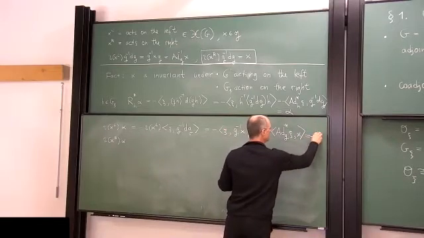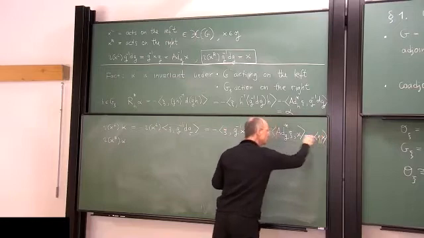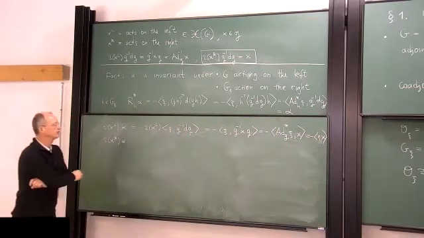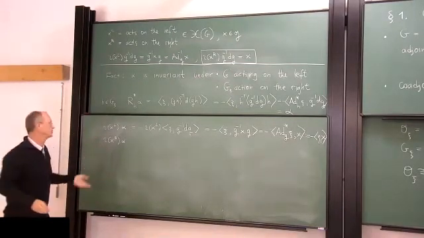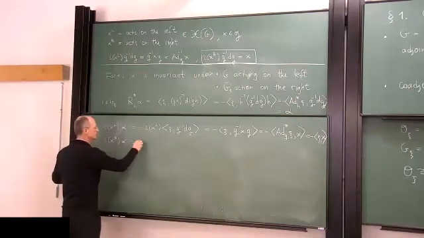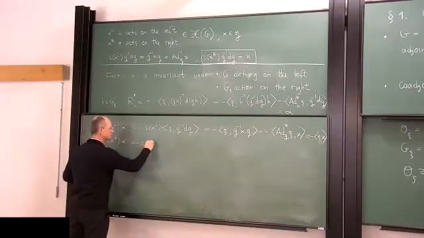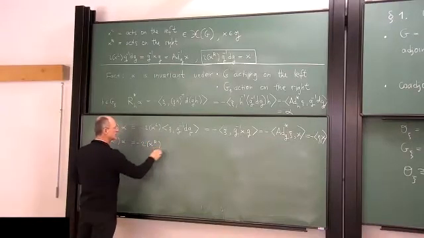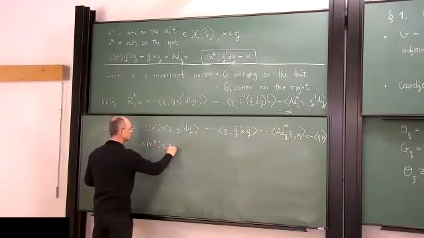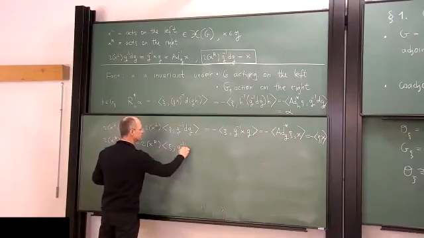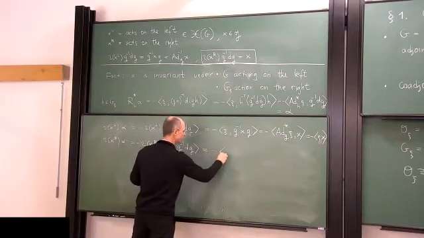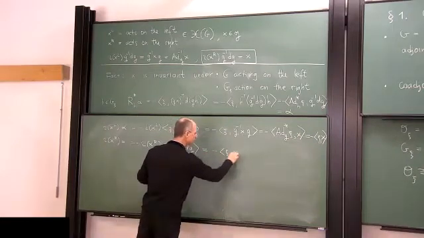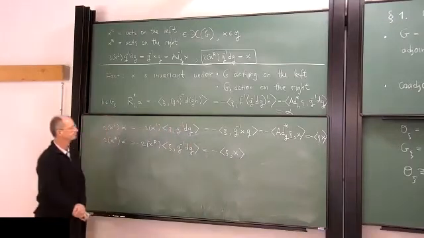And by limitation that we had, it is the pairing of eta and x with a minus sign. Of course, this is just an elementary computation. I'm putting those things together, and if we do the same thing with xr, this will be the pairing of psi and x.